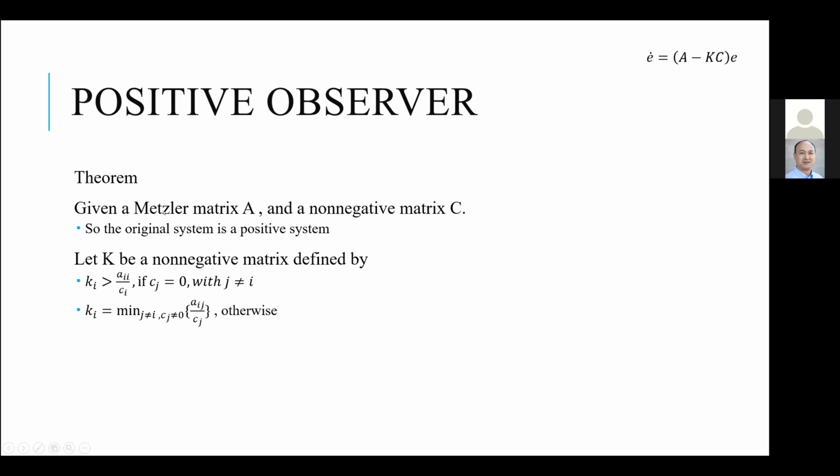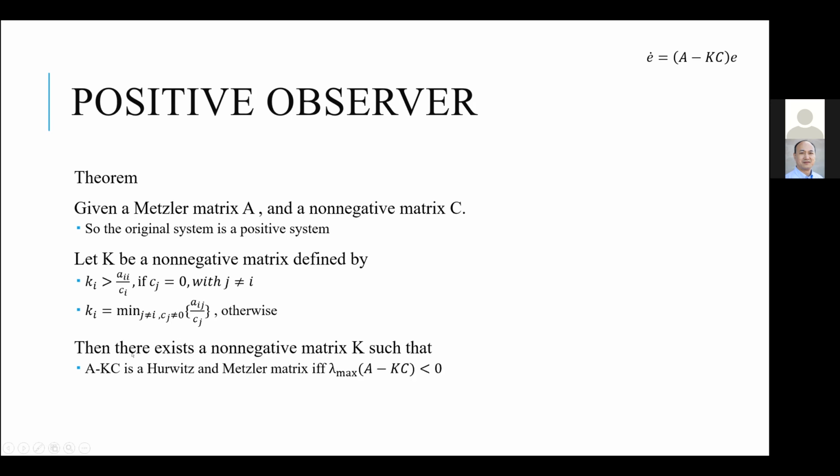Given a Metzler matrix A and the non-negative matrix C, and then you have a K. According to the paper, K needs to be like this to be positive. Therefore, you can have a positive observer matrix by having this kind of K.